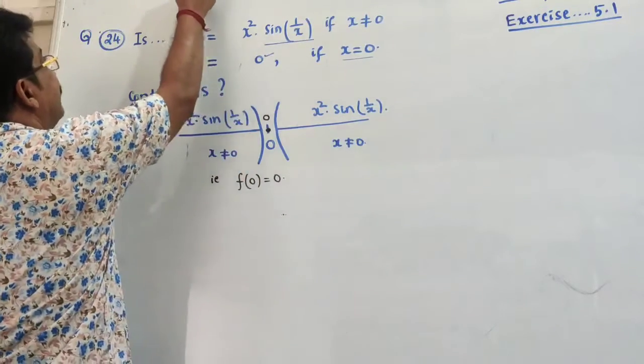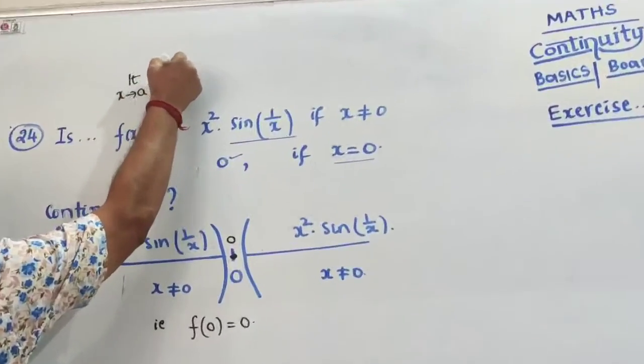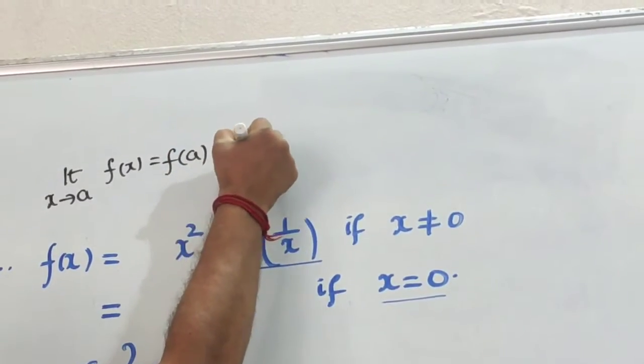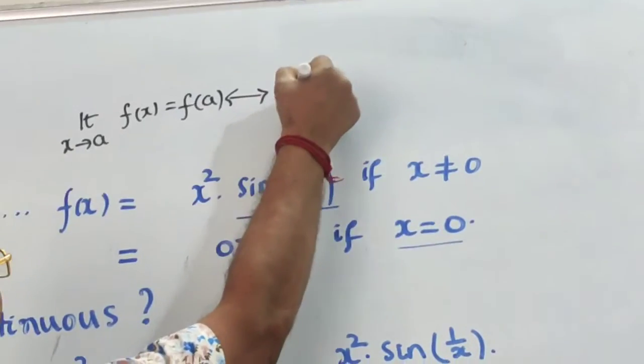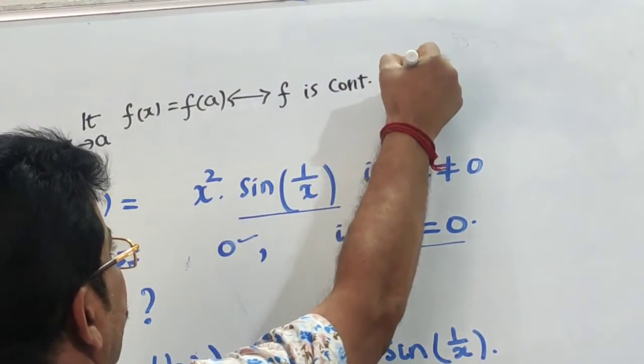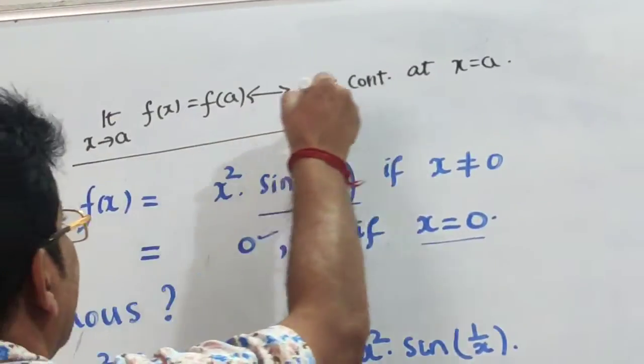What is the first definition? Limit x tends to a, f of x is equal to f of a, then f of x is continuous at x equal to a. This is the main concept.